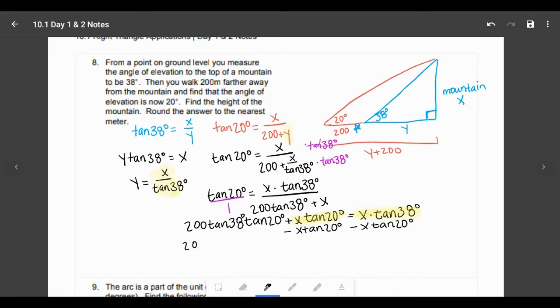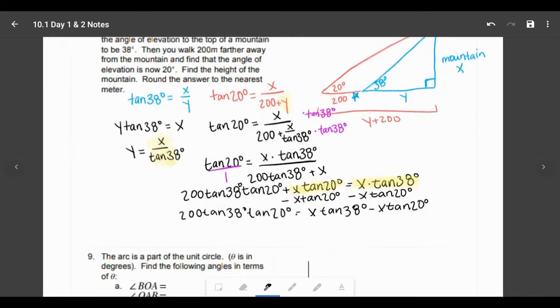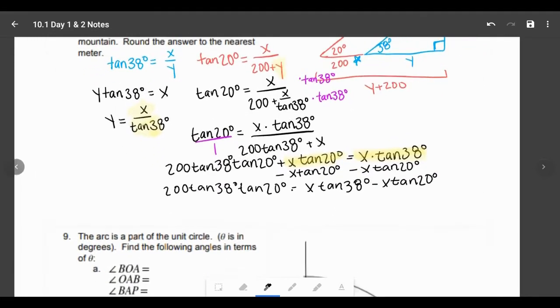And the reason we're going to do that is so then I notice that I can factor out an x term from both of these, and so we can more easily solve for our variable.